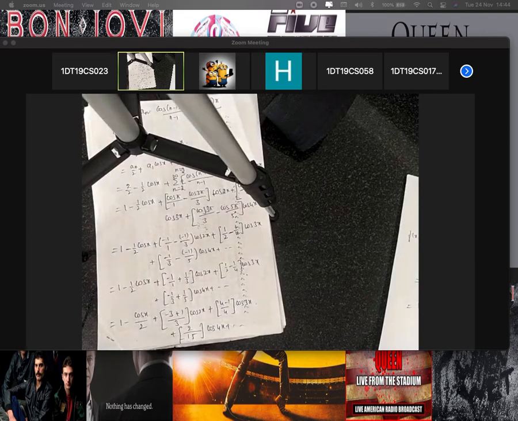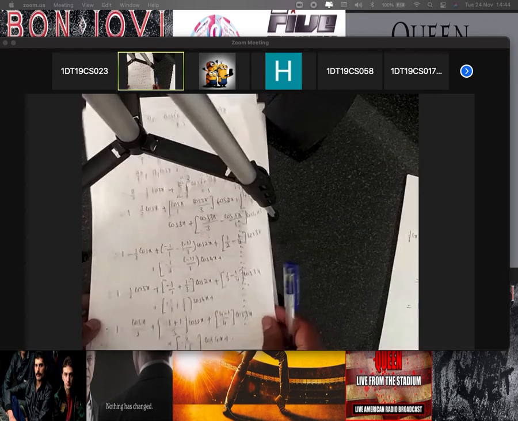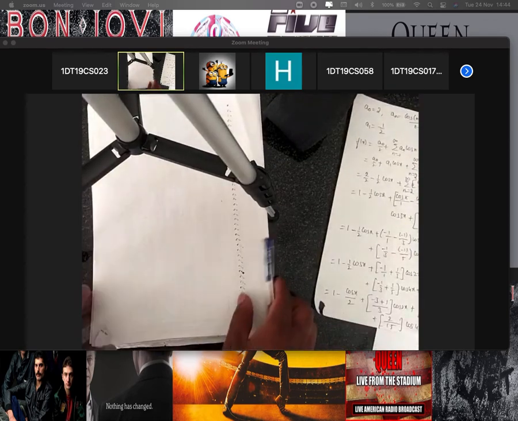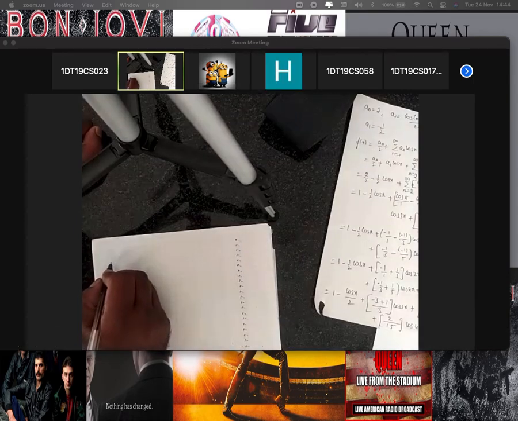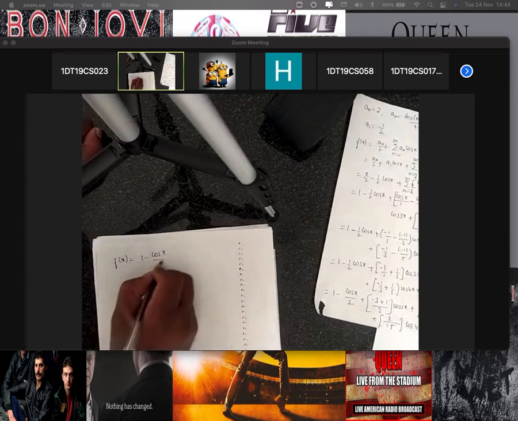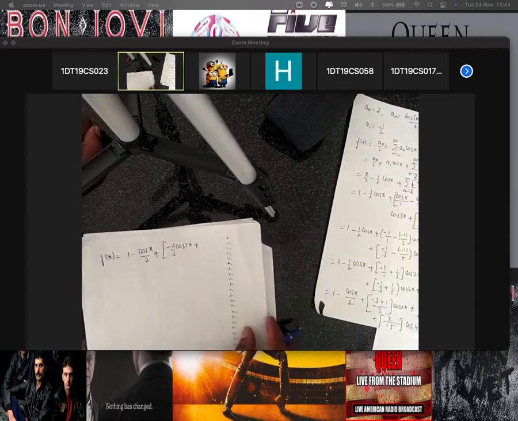What they asked in the problem, this is equal to f of x equal to 1 minus cos x by 2 plus minus 2 by 3 cos 2x plus, 4 minus 1, it will become 3.